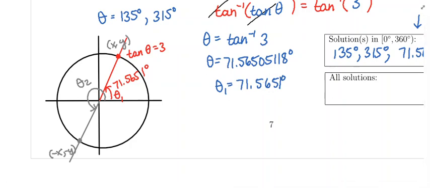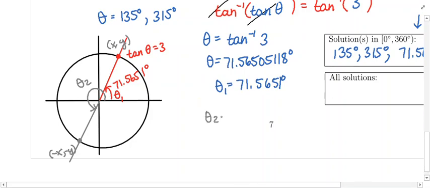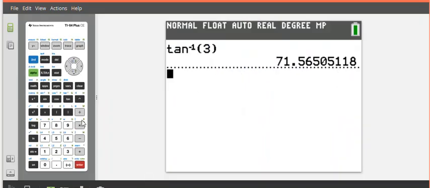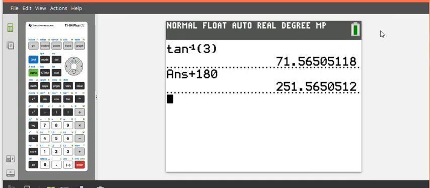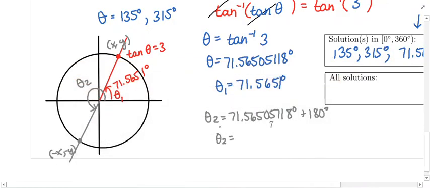To get theta 2, we're going to take this and add 180 degrees, and that will give us a second angle. So if we go to the calculator, I'm just going to add 180 to this. That's going to give me 251 degrees, and just for my little sketch, that seems about right.